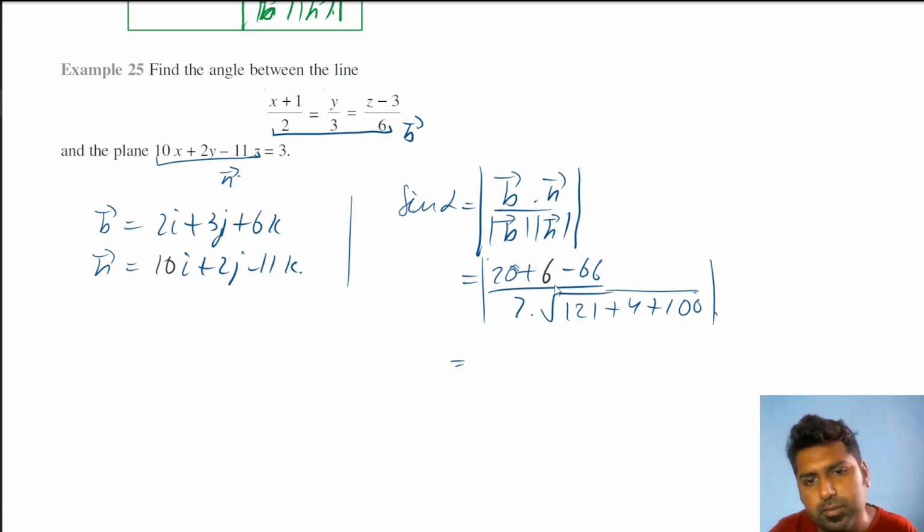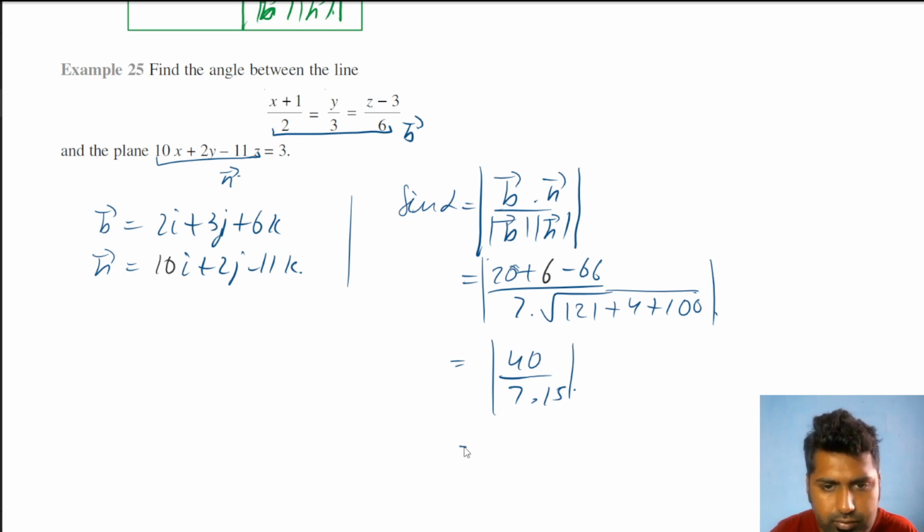This is coming out to be minus 40, so mod 40 by 7 into 15 is sine alpha, which comes out to be 8 by 21. Actually it will come negative, but the mod will make it positive. So sine alpha is this, so the angle alpha is sine inverse 8 by 21. That's the answer.